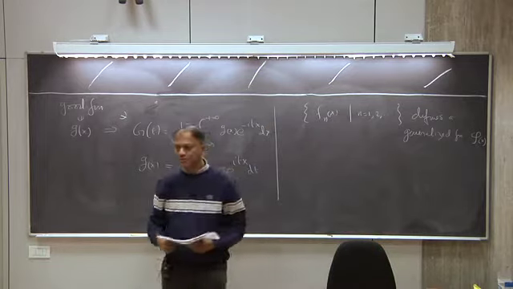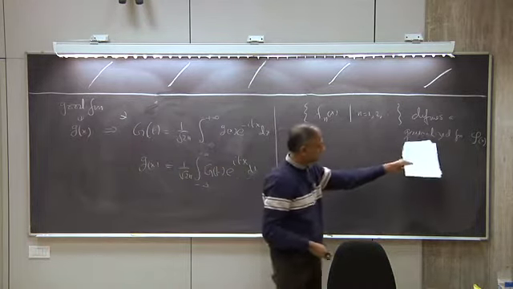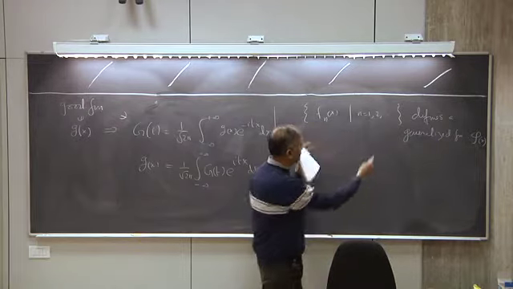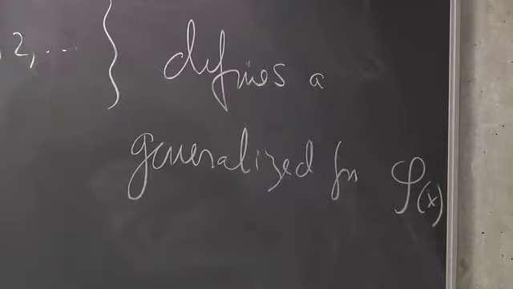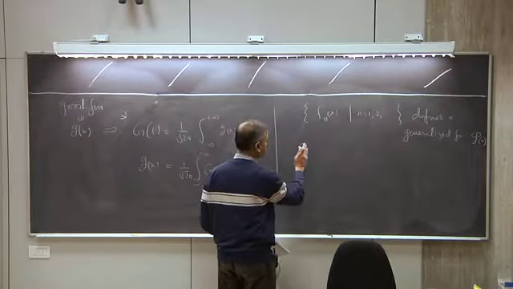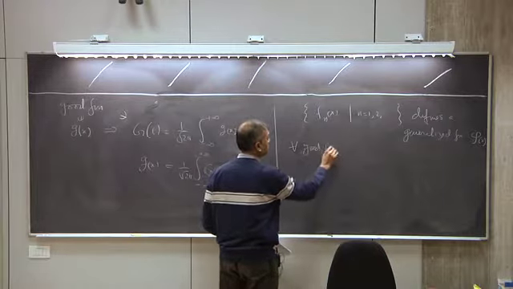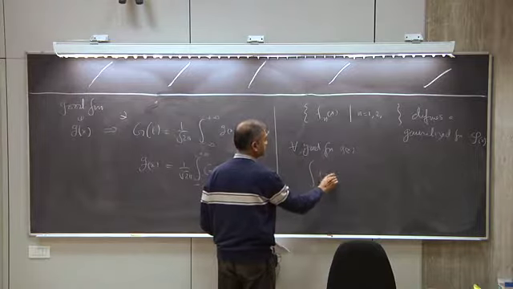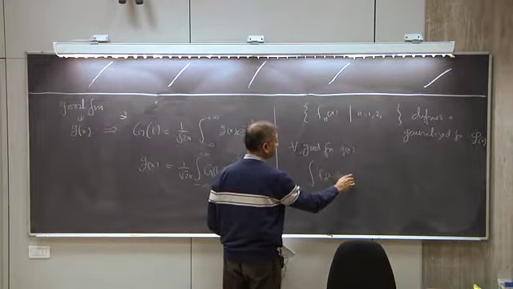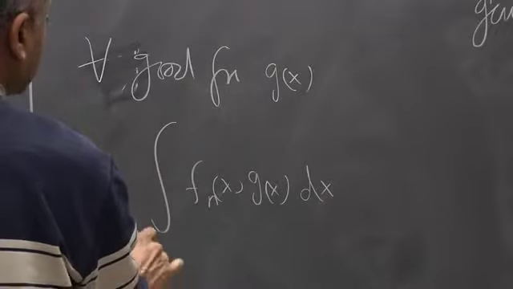Remember what was the meaning of that? Just to remind you of the definition: when we say that this sequence defines a generalized function, what it means is that for any good function g(x), the limit of the integral of f_n(x) g(x) dx exists.